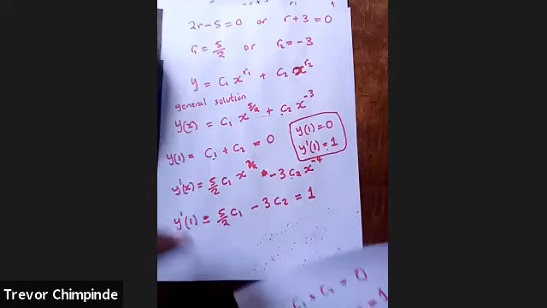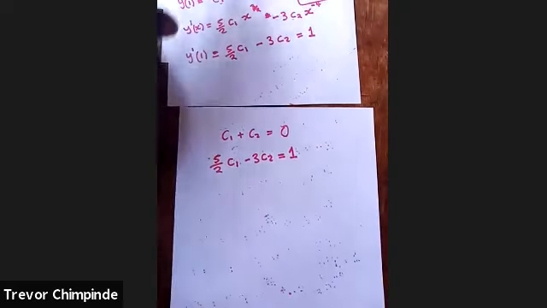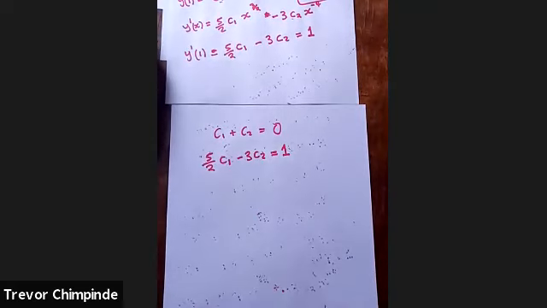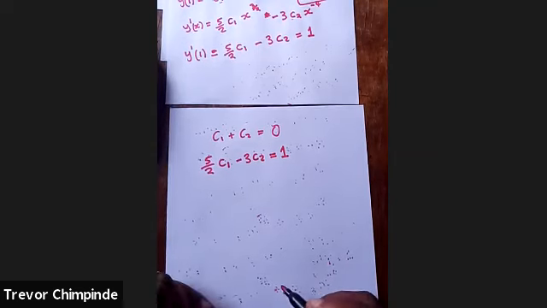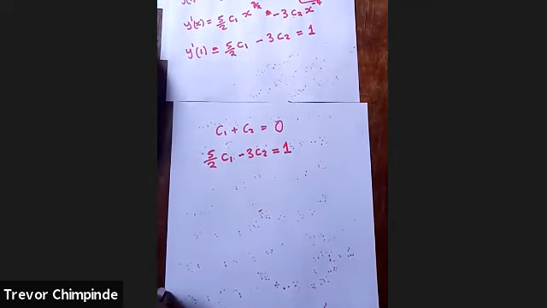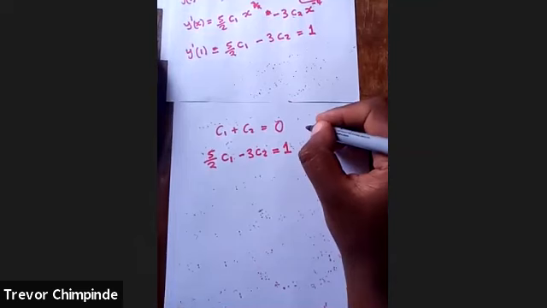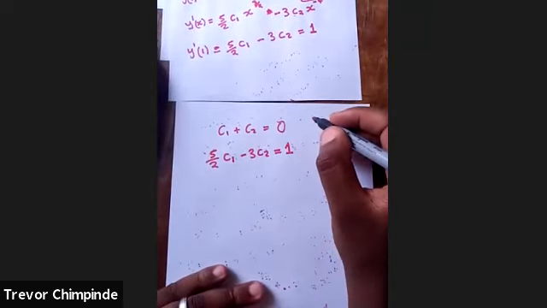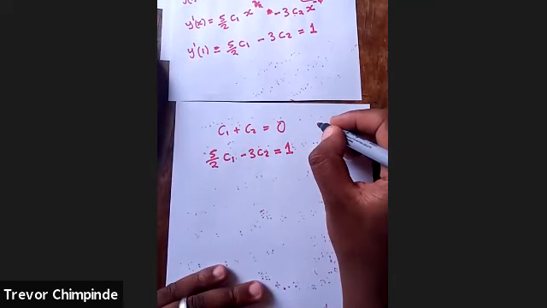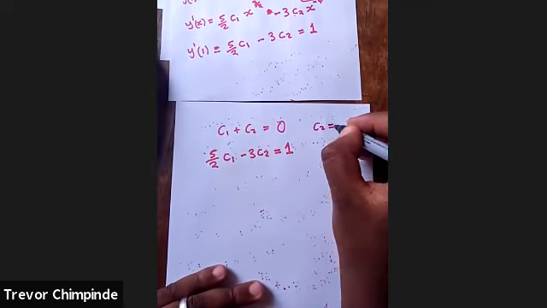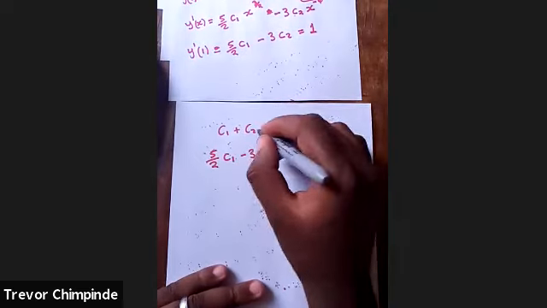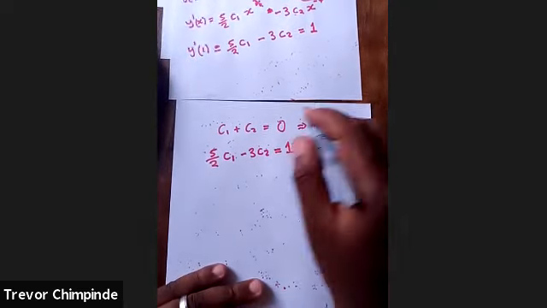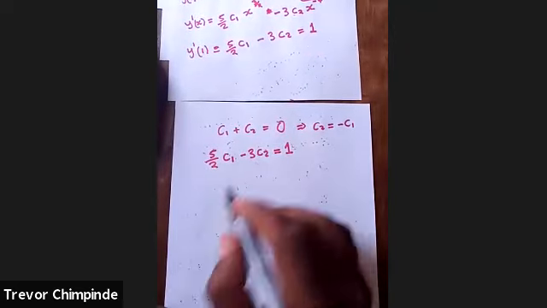So these equations give you these two equations, and if you look at them closely, you should be able to see that these are simultaneous equations, so you can solve them simultaneously. So how can we solve this? We can say, from the first equation, C2 is equal to negative C1. Then we plug this into this equation.